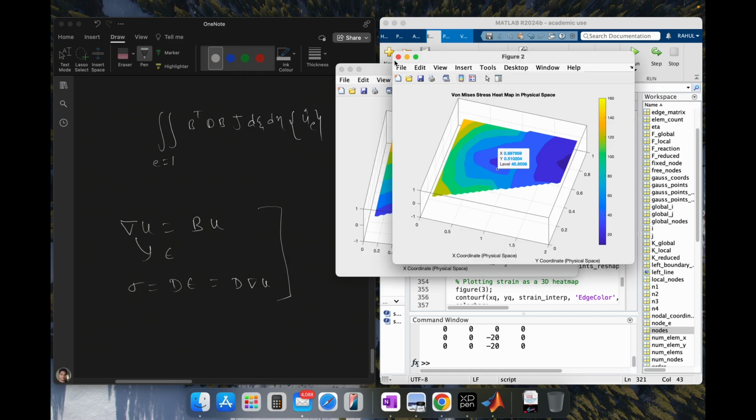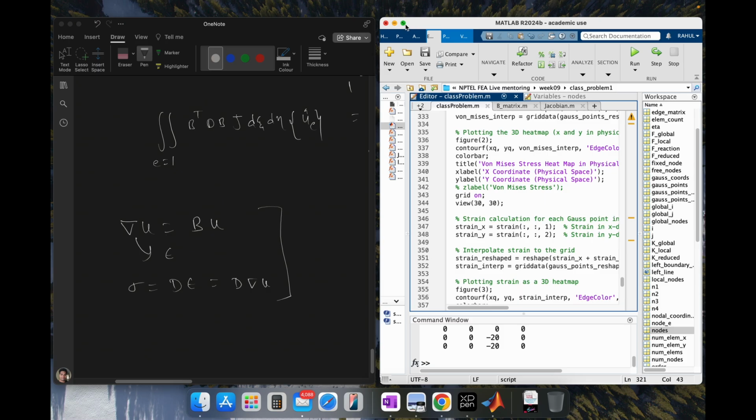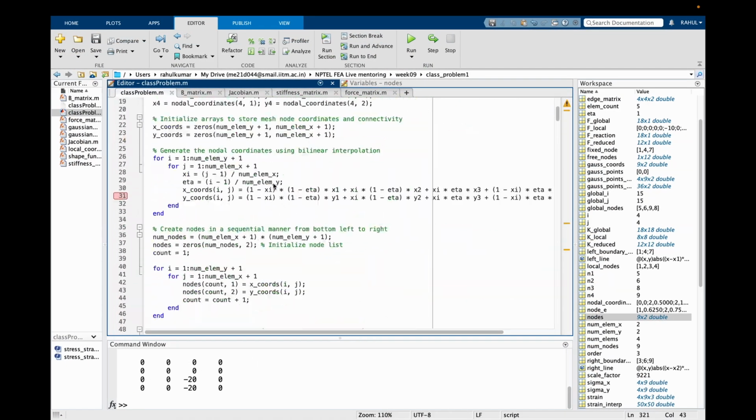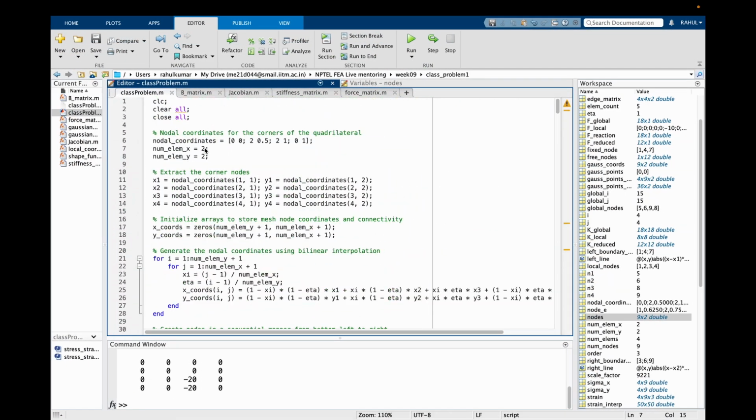Now we will increase the number of points and number of elements, and see how smooth it is going. Suppose I am increasing to 100.